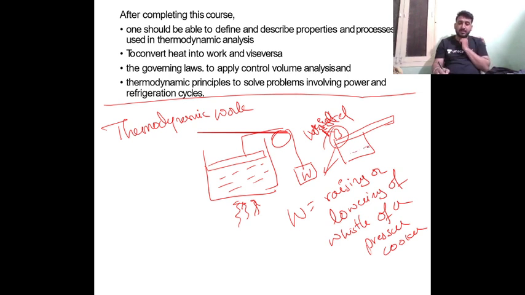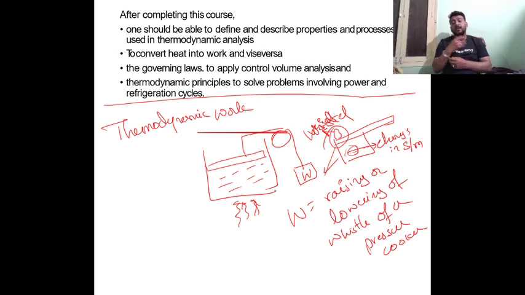What is the change inside the system? An increase or decrease in volume, or an increase or decrease in the pressure of the gas. Due to this, the vessel raises up or falls down as a result.